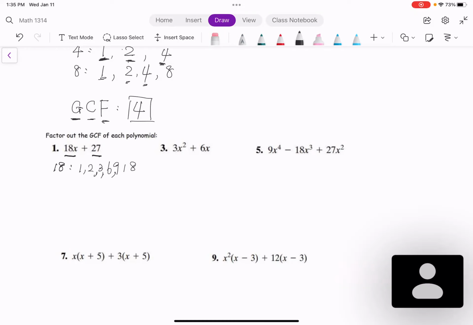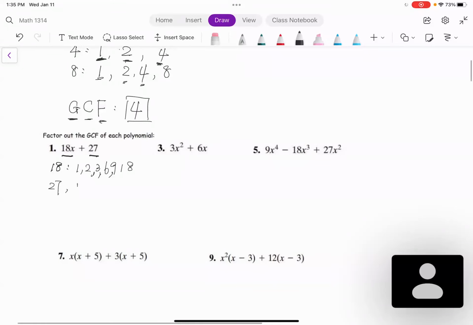I can't find any other factors of 18. How about 27? I can have 1 and 27, and 3, 9. What is the GCF? The common factors are 1, 3, and 9. So the GCF is 9.